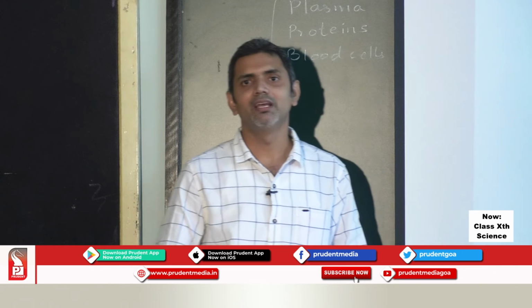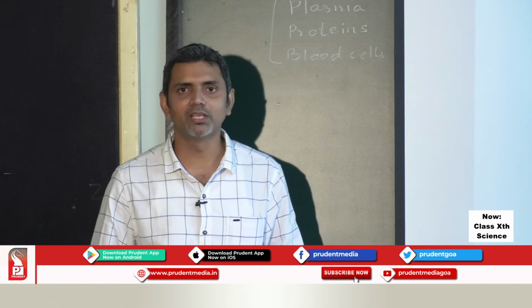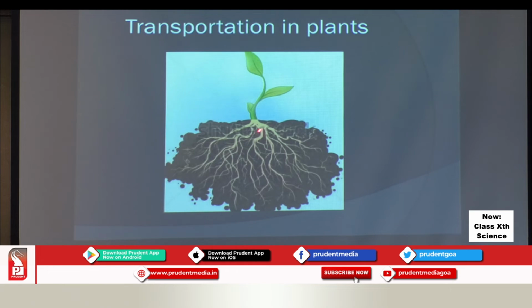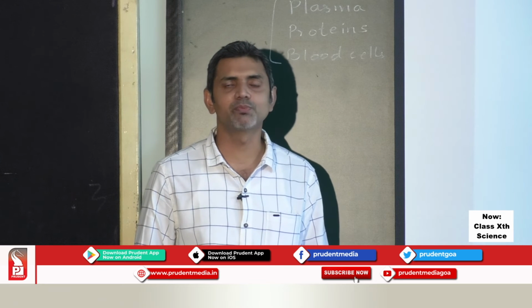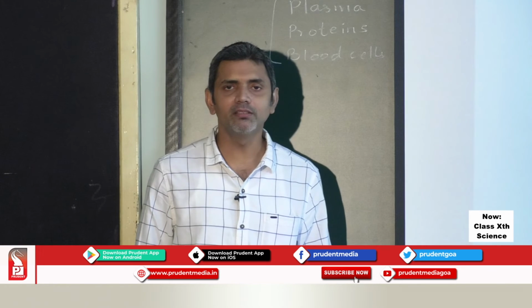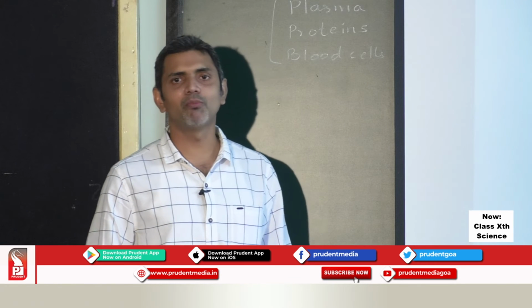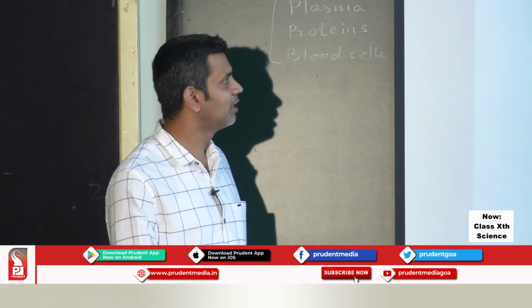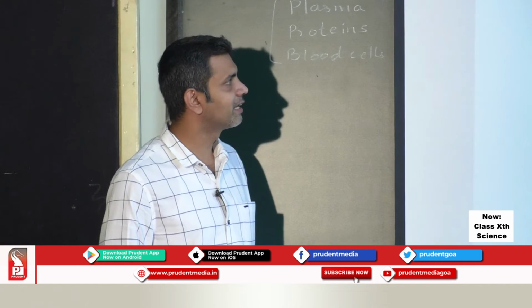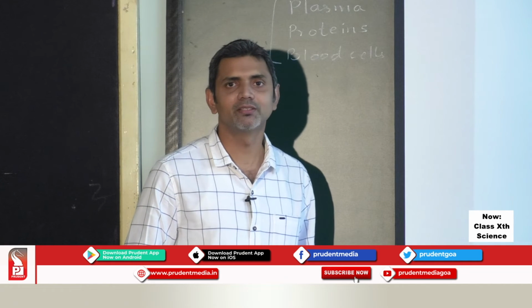So, this is one of the ways by which water enters plants. Roots absorb water from the soil. Then plants also lose water in the form of water vapor from the aerial parts, the parts which are in contact with the air, and we call this process transpiration. So, what is transpiration? The loss of water in the form of water vapor from the aerial parts of the plant is called transpiration.